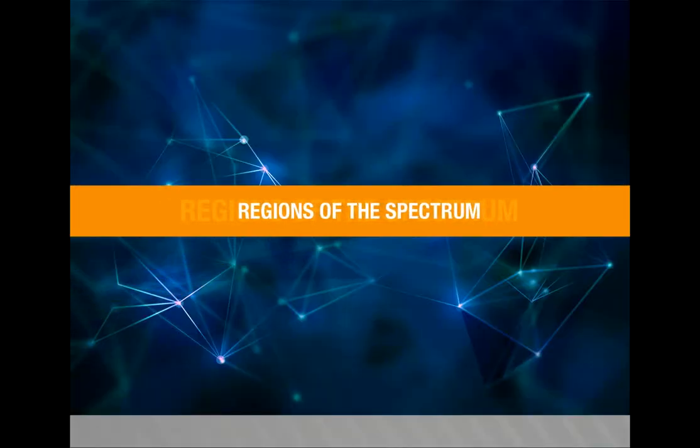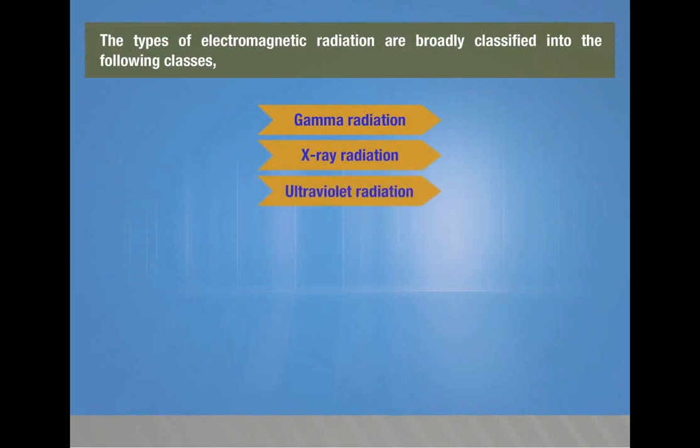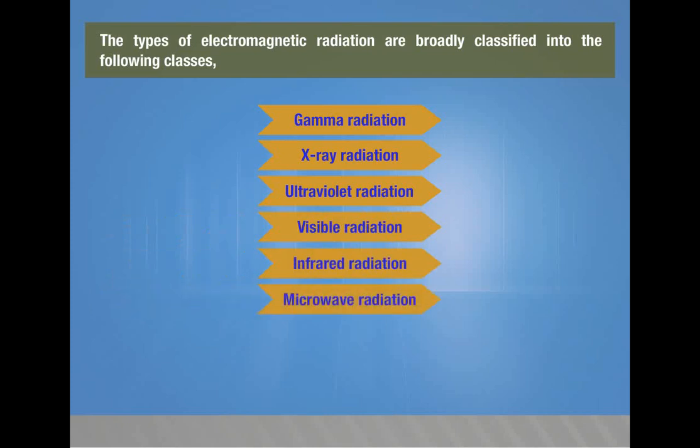Regions of the spectrum. In this video, we are going to see about regions of the spectrum. The types of electromagnetic radiation are broadly classified into the following classes: gamma radiation, X-ray radiation, ultraviolet radiation, visible radiation, infrared radiation, microwave radiation, radio waves.